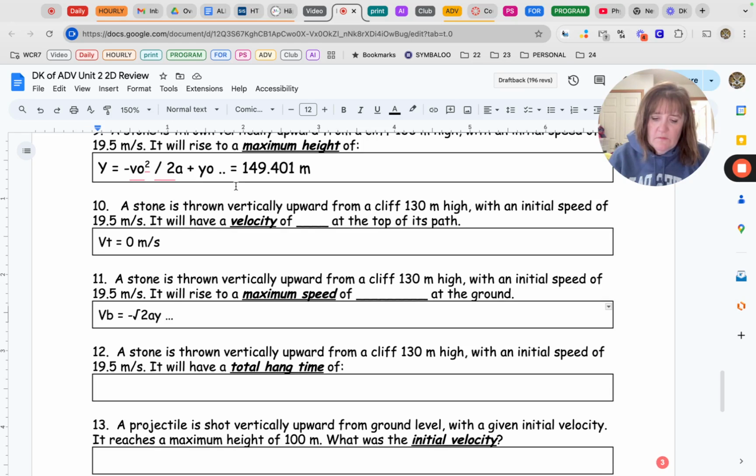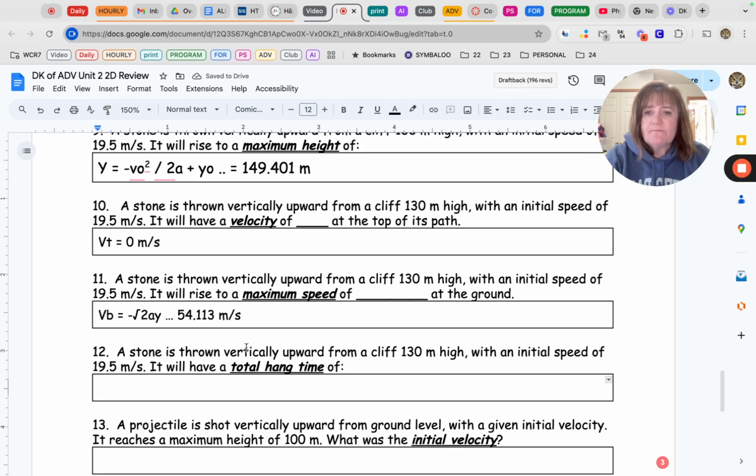Okay, let's try this again. This is the negative square root of 2 times 9.8 times 149.401. Notice it does say speed, so I don't need the negative sign. It's 54.113 meters per second.